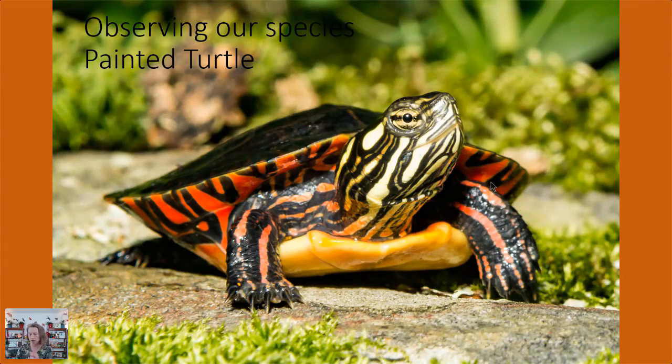Now, what else was I going to say about these guys? I have my notes here. So anyways, all across the United States, really common in ponds, lakes, marshes. It can live up to 5 or 10 years, but in captivity, which we don't suggest, could live up to 20. And it does spend most of its time in the water, although to warm up, it's going to bask in the sun with its friends.